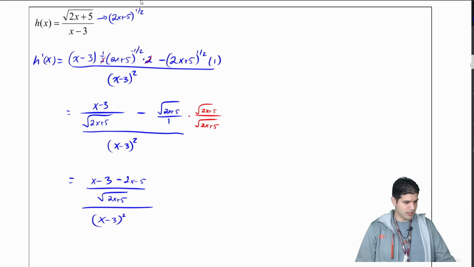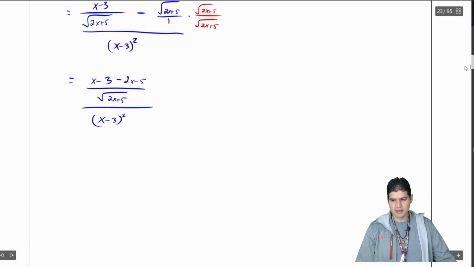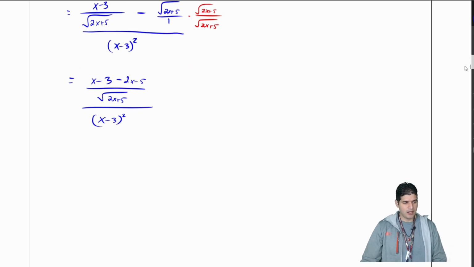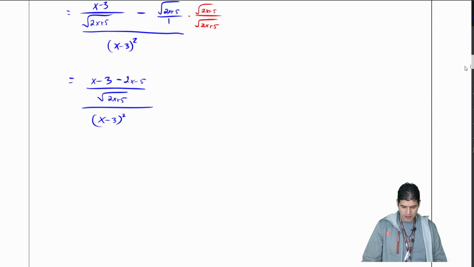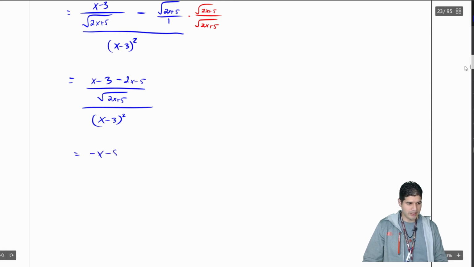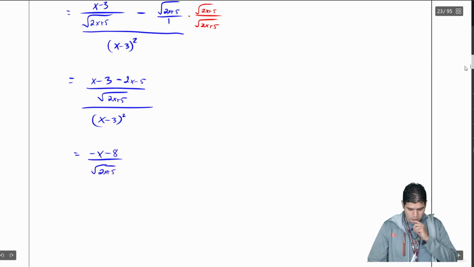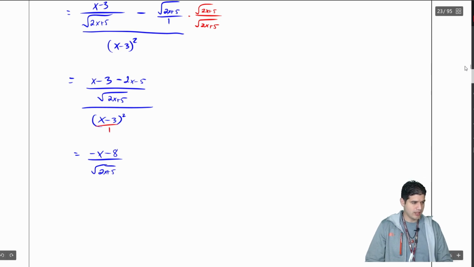All right, let me move down just a little bit. We're going to need some extra space here. All right, so what I'm noticing is that I can combine some things here. So I'm going to get some negatives. So in my numerator, I'm going to get negative x minus 8 over the square root of 2x plus 5. And what I can do here is write this over 1, just so I can think about it in my head, because I'm going to flip and multiply.